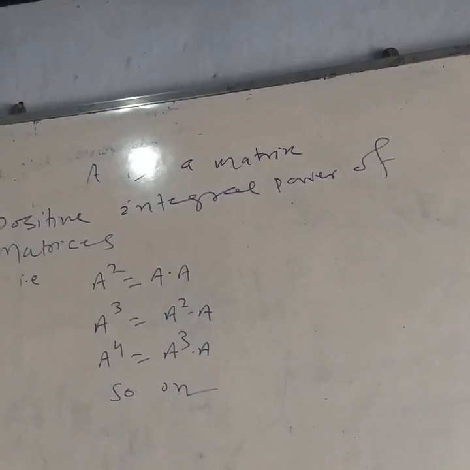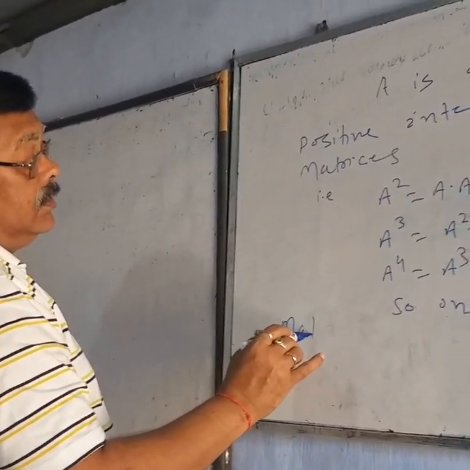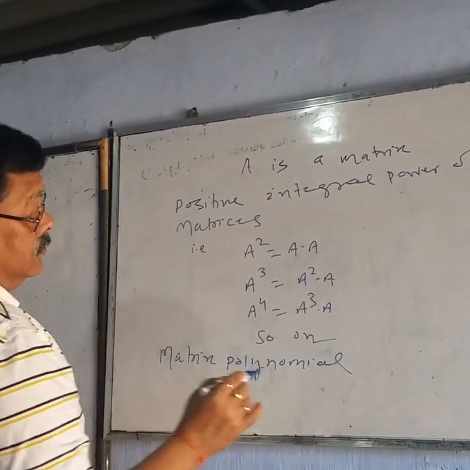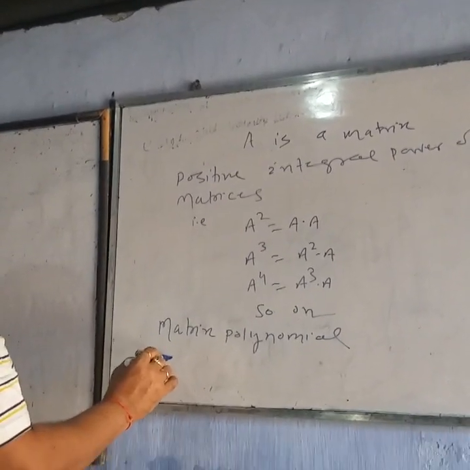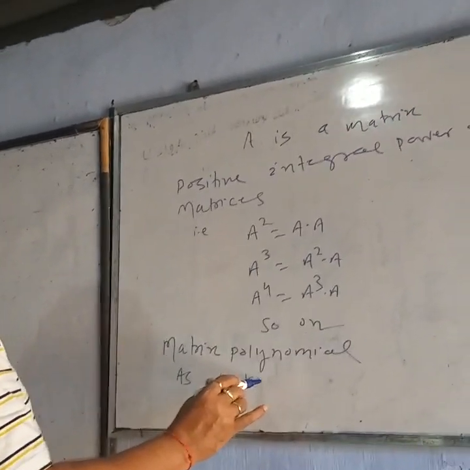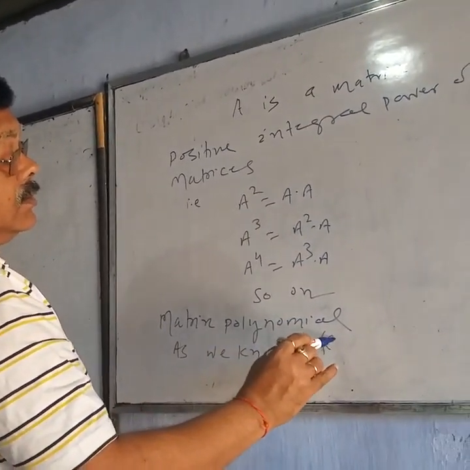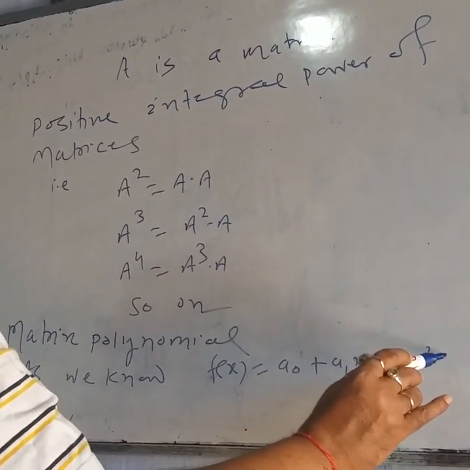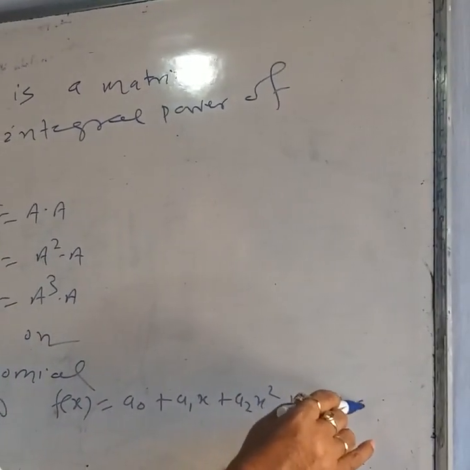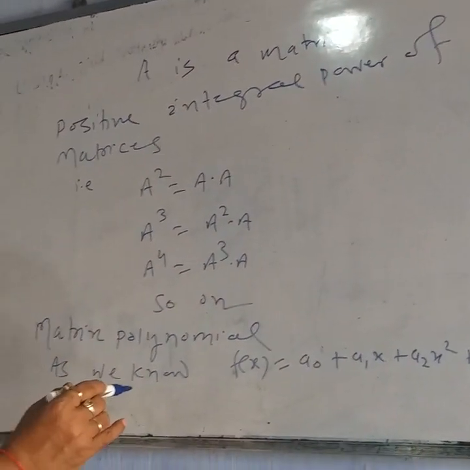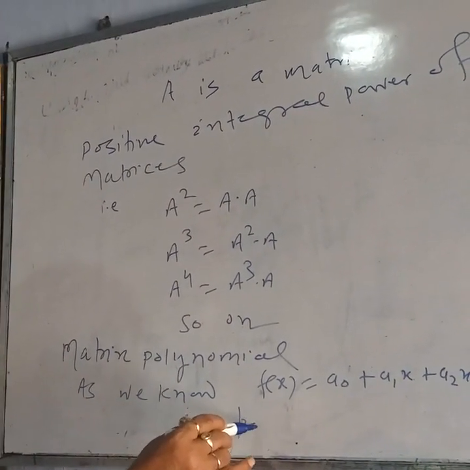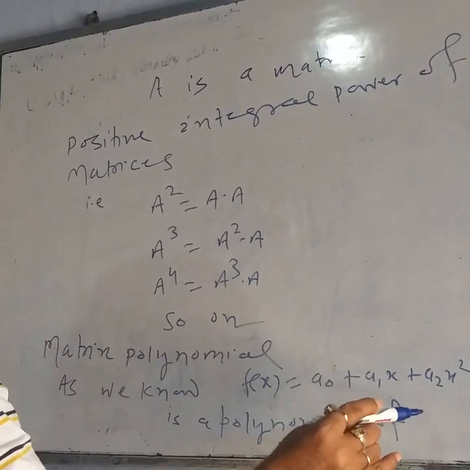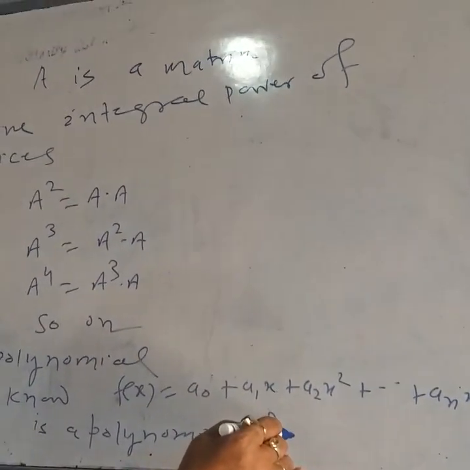Now we have to study matrix polynomial. Matrix polynomial, as you know, f(x) = a0 + a1x + a2x square, in this way up to an xn, is a polynomial of degree n.